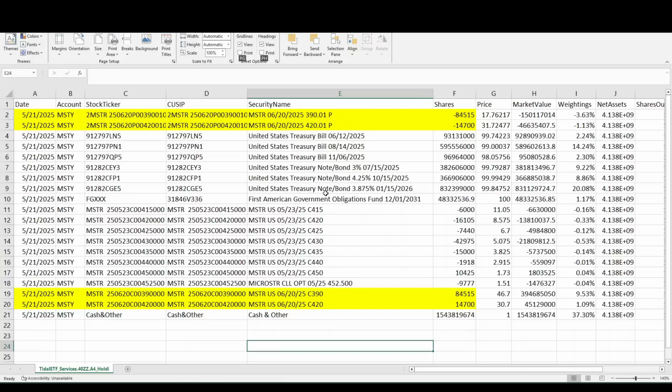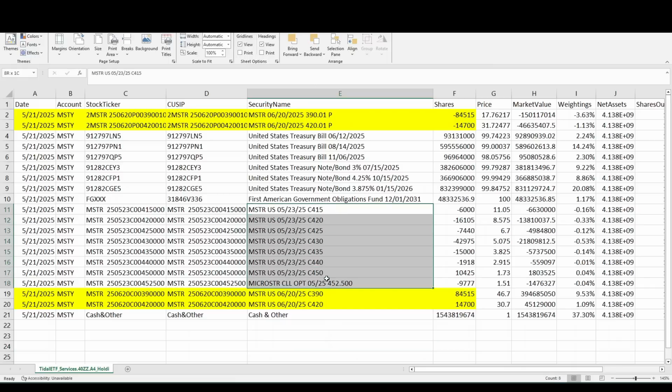And as we can see here, these are the covered calls that they have, set at 415, 420, 425, 430, 435, 440, and 450. All expire on the 23rd, right here: 25 being the year, 05 being the month, 23 being the day. So May the 23rd, 2025 is when those will expire.